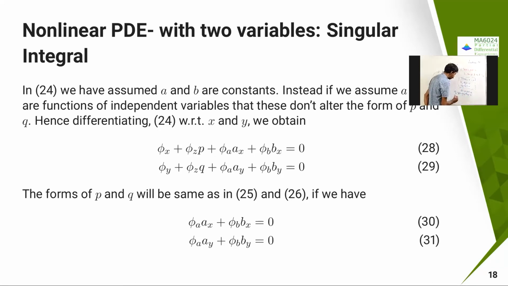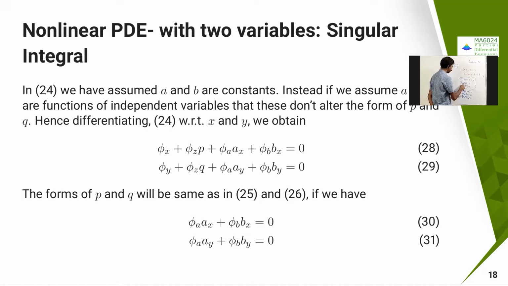Similarly, I'm going to get phi y plus phi z q plus phi a a y plus phi b b y equal to 0. If the forms of p and q are the same as in this equation, then this is also going to be satisfied.